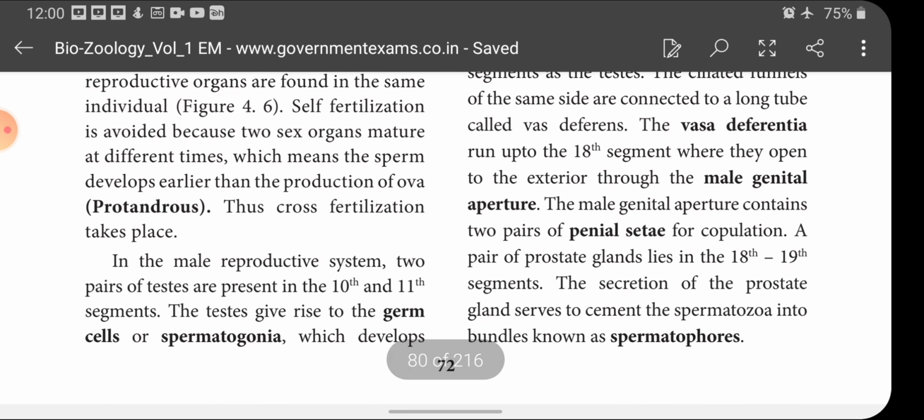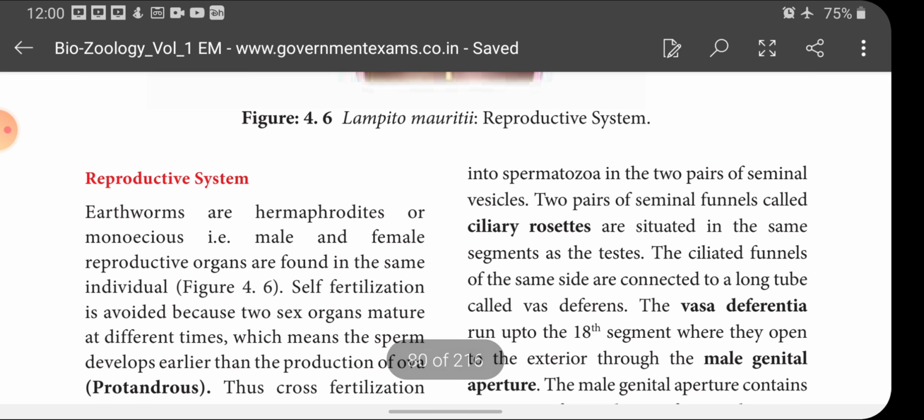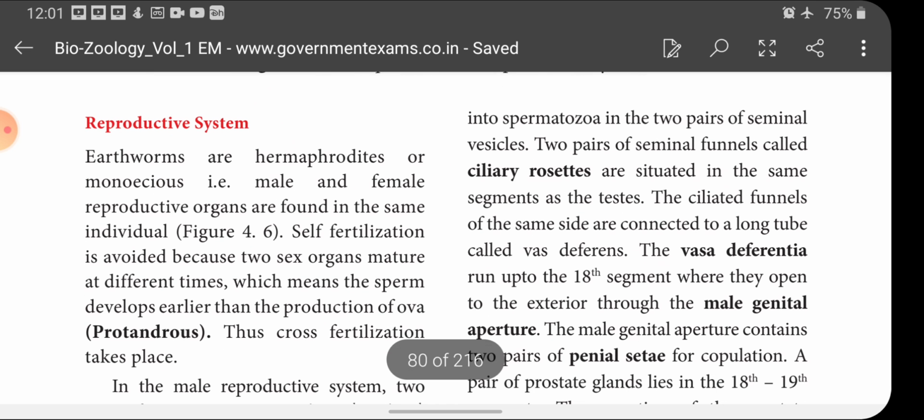In the male reproductive system, two pairs of testes are present in the 10th and 11th segments. The testes give rise to the germ cells or spermatogonia, which develop into spermatozoa in the two pairs of seminal vesicles. Two pairs of seminal funnels called ciliary rosettes are situated in the same segments as the testes. The ciliated funnels of the same side are connected to a long tube called vas deferens.